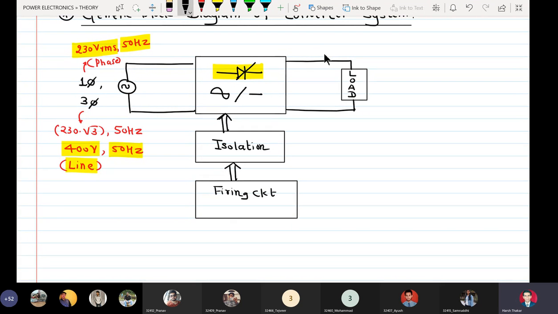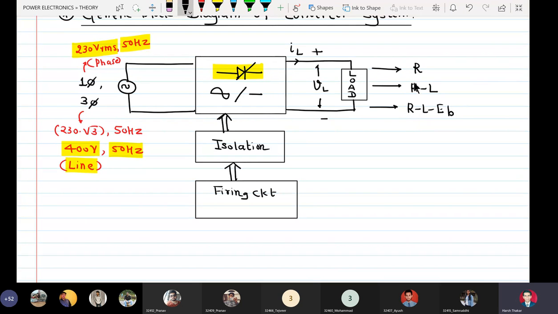load. We are going to have a polarity for load voltage. We have load current, and as we know, the load can be resistive load, it can be small inductive load, or it can be R, L, EB, also known as RLE load, or motor load, or highly inductive load.